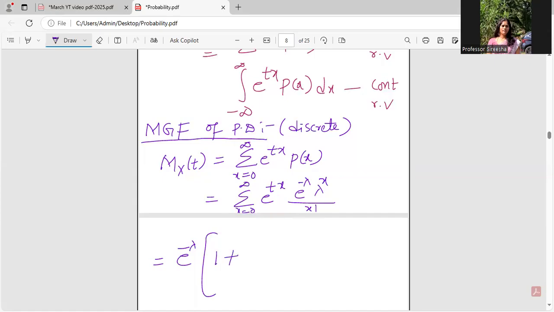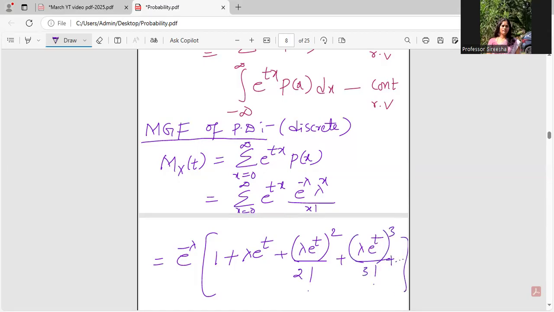Next, I'll be having what? Lambda power 1 into e power t by 1 factorial, right? Plus lambda power 2 into e power 2t, I can write it as lambda into e power t whole squared by 2 factorial. And lambda power 3 e power 3t, I can write like this by 3 factorial and so on.